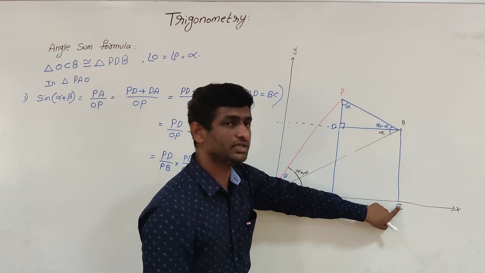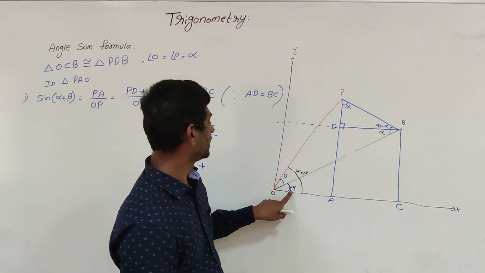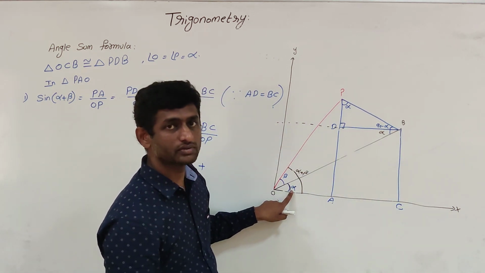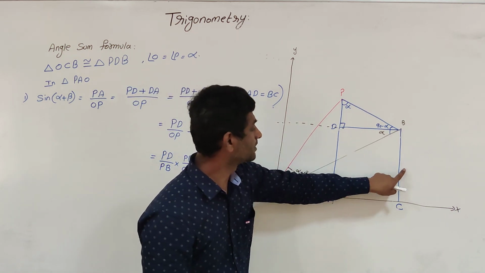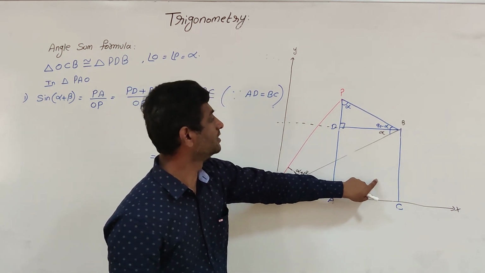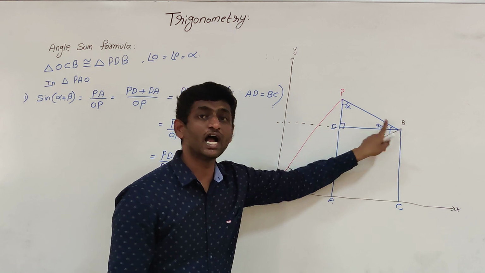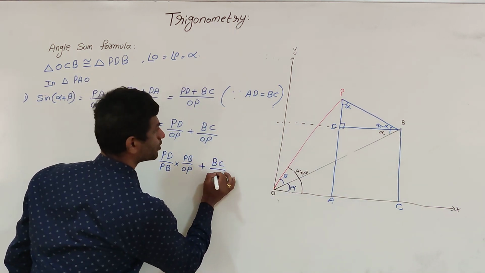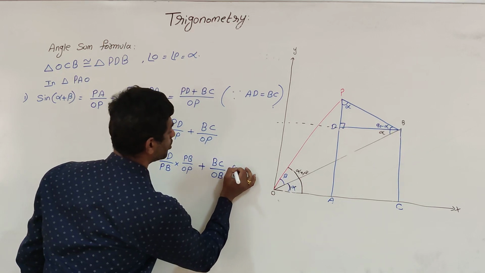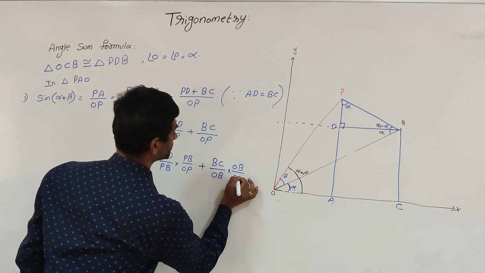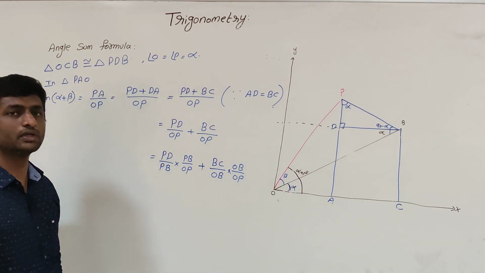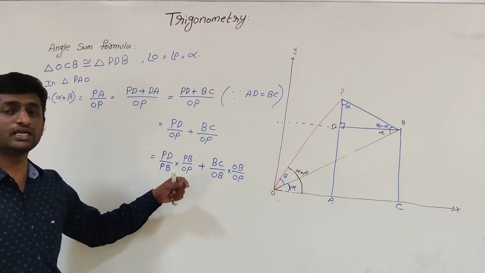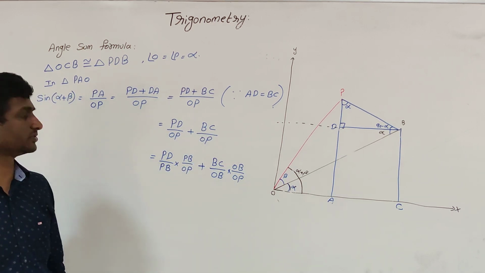If this is BC, for angle alpha, it is the opposite side, and for this right angle triangle, OB is the hypotenuse. So BC by OB into OB by OP. I have multiplied and divided with the length of the hypotenuse.